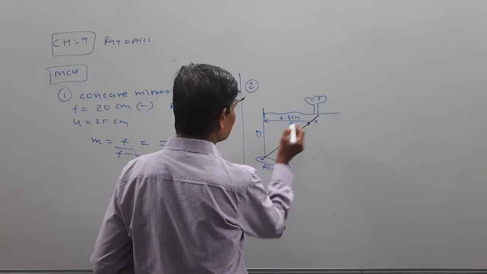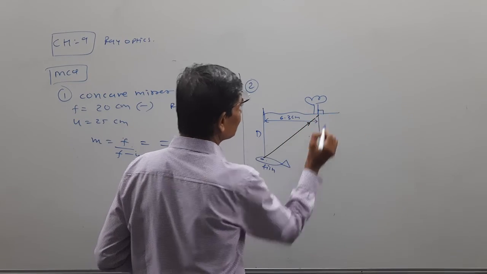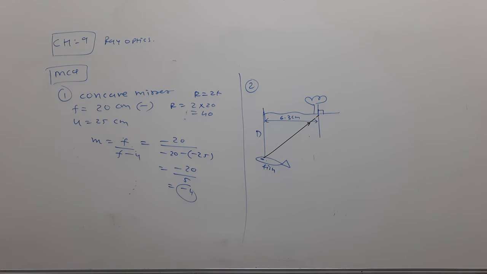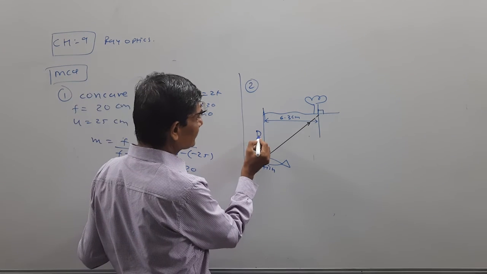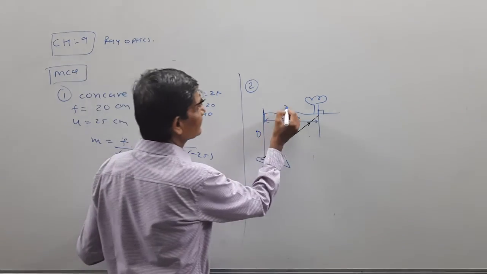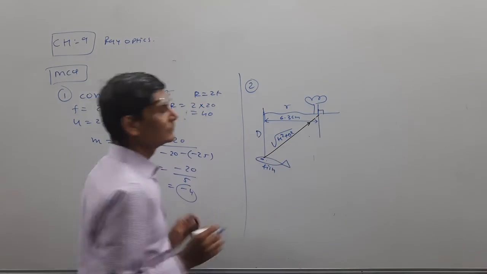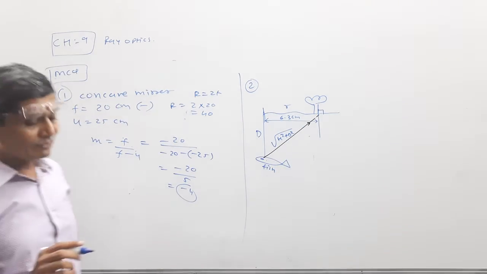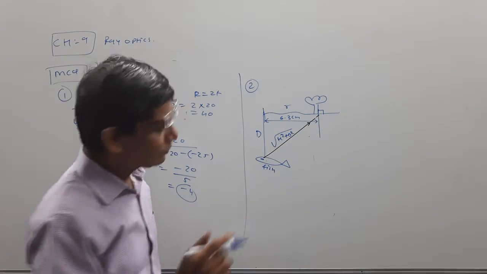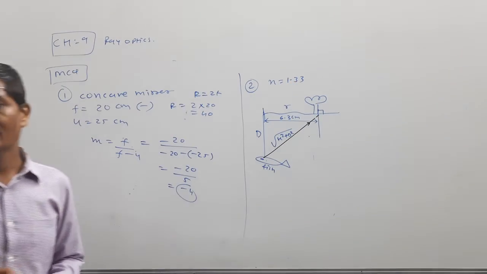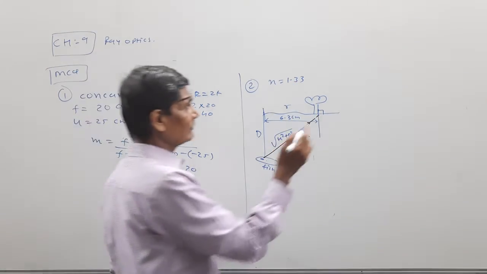Now this is related to total internal reflection, where the angle of refraction becomes 90 degrees. Now let us say this distance, the depth, is d. This is r. So what will be this? h square plus r square. Now the refractive index is given as 1.33. We have to use the condition of total internal reflection.